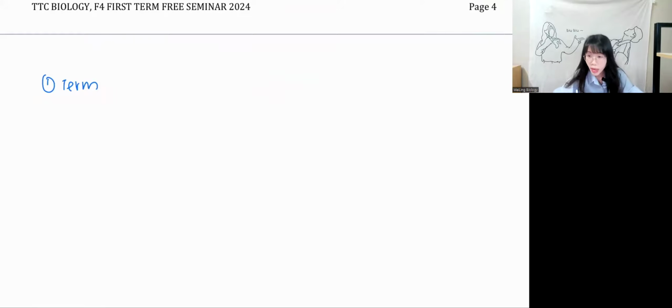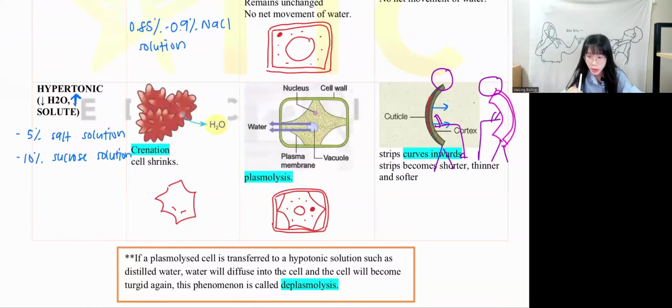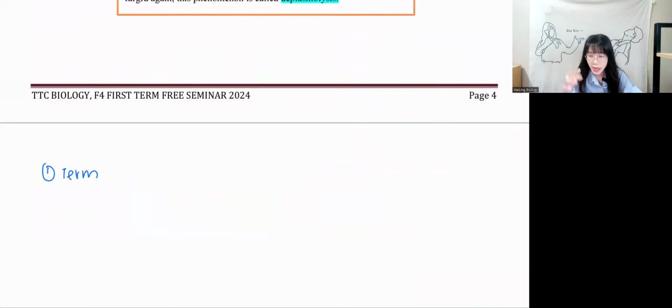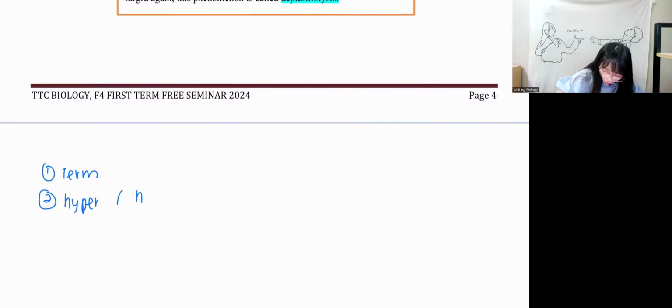What is the term? The words I highlighted in blue color, can you see all the blue color words are terms? So the first sentence is going to say, the red blood cell undergoes crenation or hemolysis, or the plant cell undergoes turgid or plasmolysis, the term. Second sentence you're going to write is hypo or isotonic.